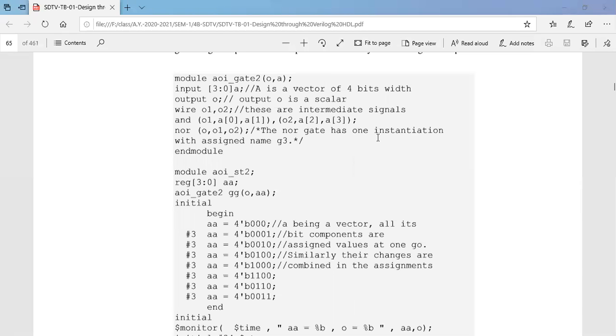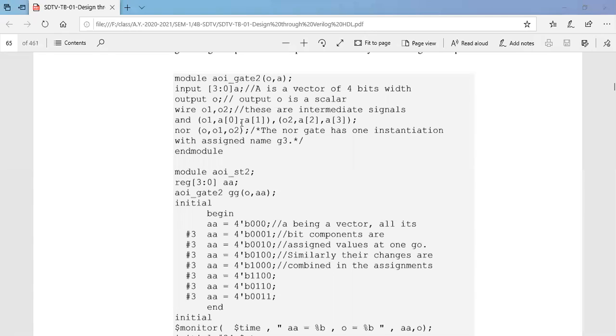The NOR gate has one instantiation with the assigned name G3. In the previous session we have used the name G3. Okay. So now we are ending the module. This is just for executing the program, and you can directly simulate it by giving the inputs on your own.